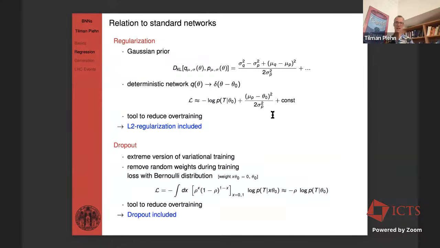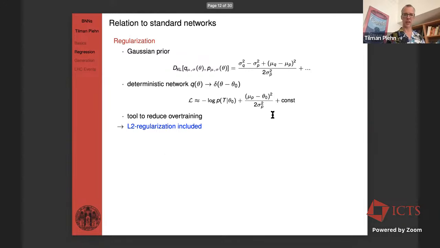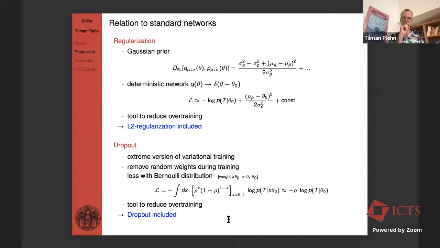The other thing is, let's think a little bit about the sampling here, the Q of theta. You remember that in classic networks, there is a concept that also avoids overtraining. That's called dropout. Dropout means you either include a weight in your training or you do not, right? If you think about this variational approximation, that's just an extreme case. This is just choosing Q to be 0 or 1.